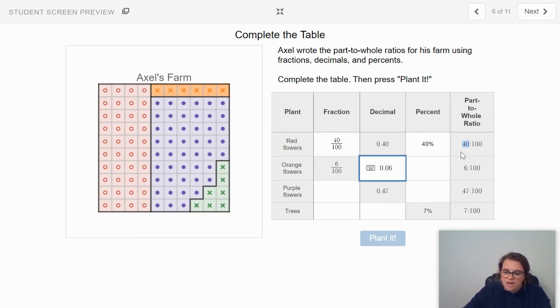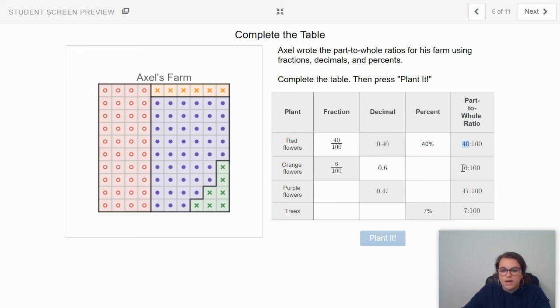That's because if you just wrote 0.6, that would be telling me that there were actually 60 orange flowers. You have to make sure that if it's a group of 10, so like 40 is 4 tens, that 4 can go right behind the decimal.